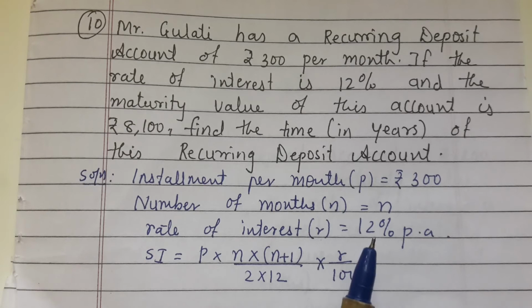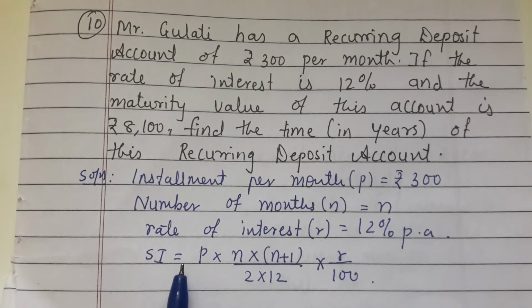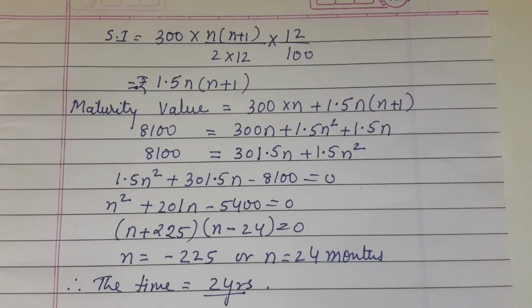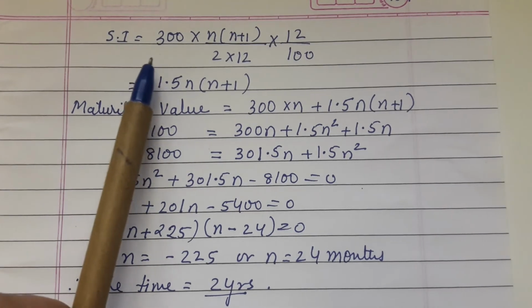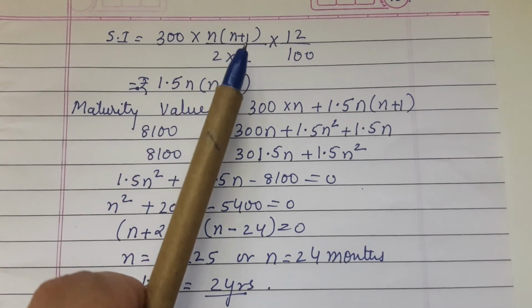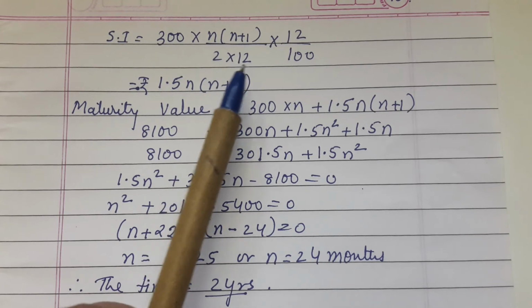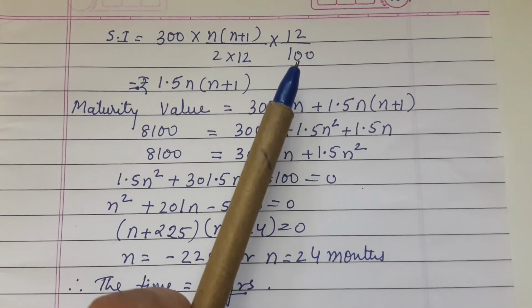Rate of interest 12%. Write the formula. Simple interest is equal to P into n(n plus 1) upon 2 into 1/12 into r by 100. Substitute the values. SI is equal to 300 into n(n plus 1) upon 2 into 1/12 into 12 by 100.